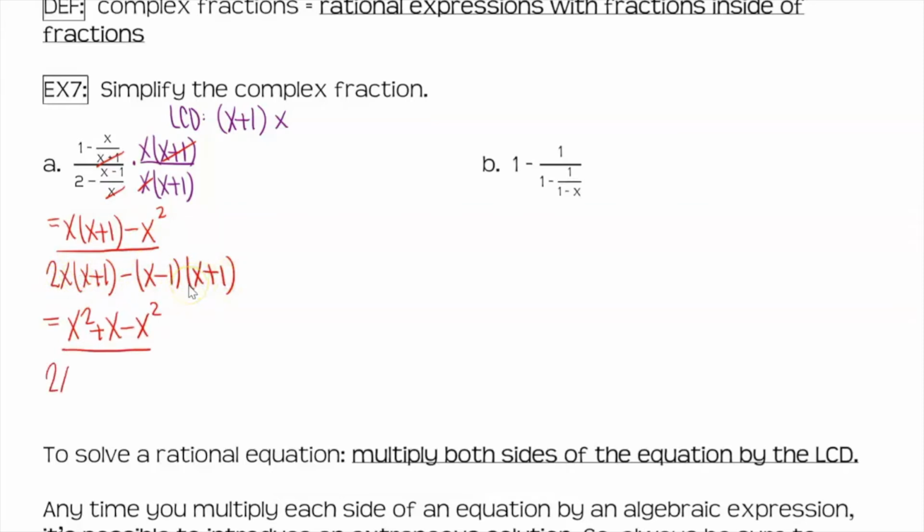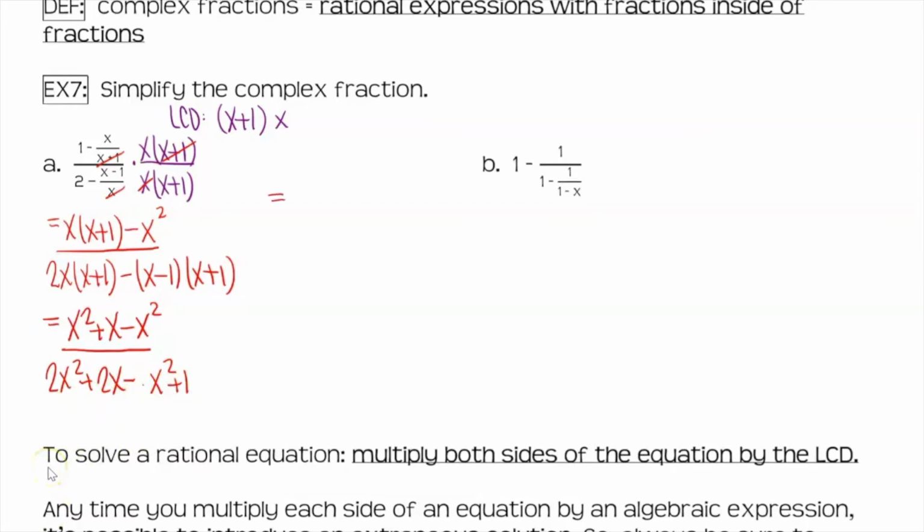That should be 2x squared plus 2x. And then if I FOIL these, this is a sum and difference pattern, so that'll be x squared minus 1. And of course, if I subtract that, I can just make this into plus 1 to make sure that both the x squared and the negative 1 get subtracted.